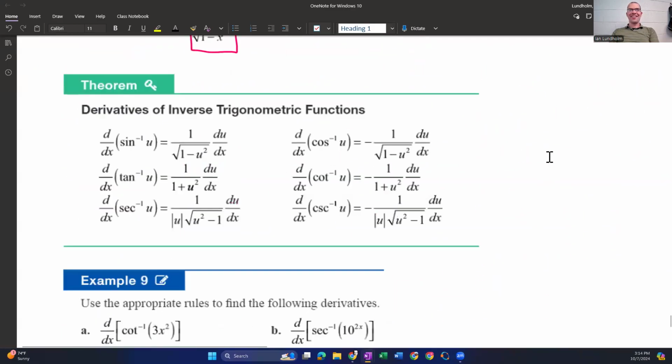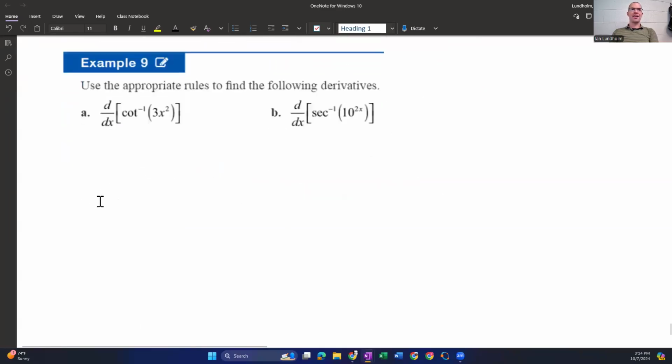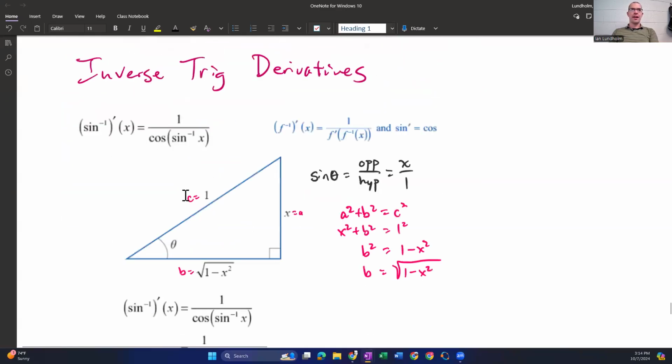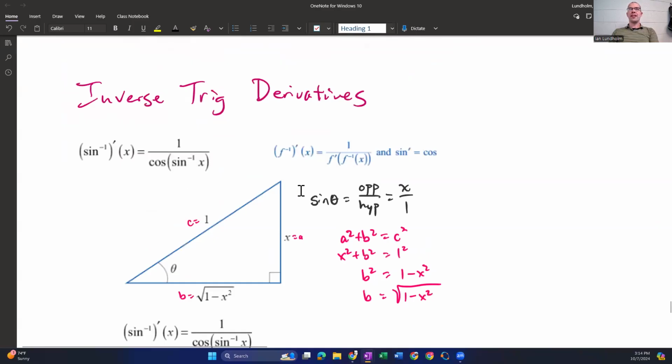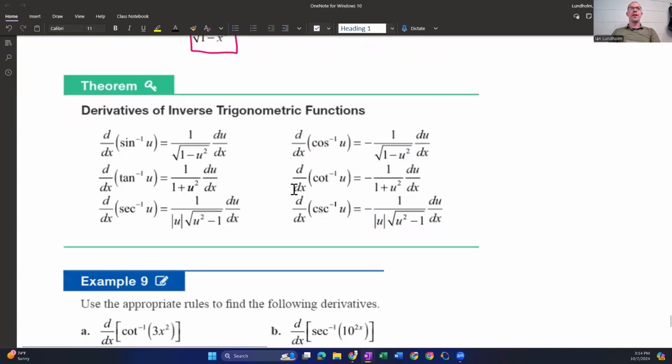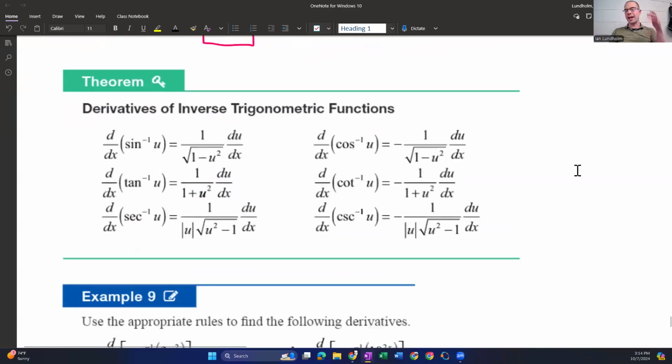Last major thing, and I promise that this is the last thing. I don't even think we're going to do any of these. Let me just explain where these inverse trig derivatives come from. There's 6, and these are things that, again, I'm not going to have you memorize. These are things that you can totally just look up in a table and utilize. Once you're used to doing derivatives, having some extra derivative formulas is not that huge of a deal.